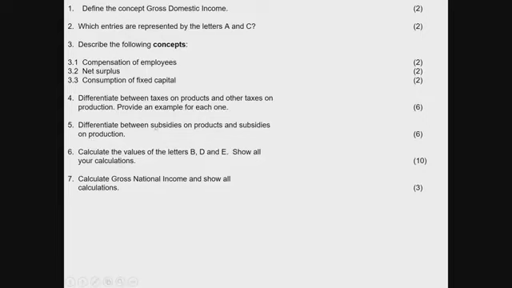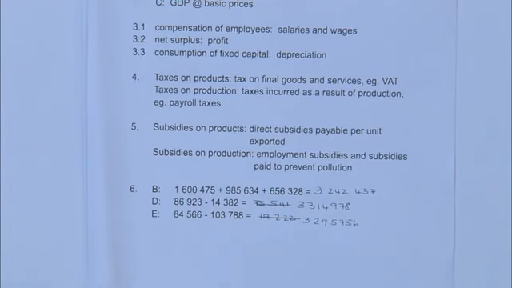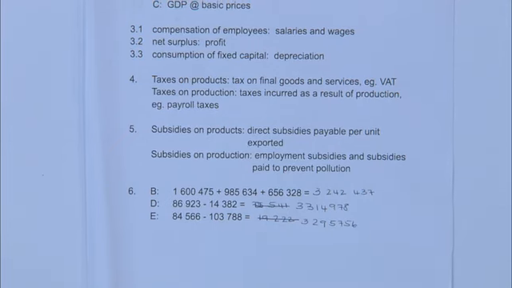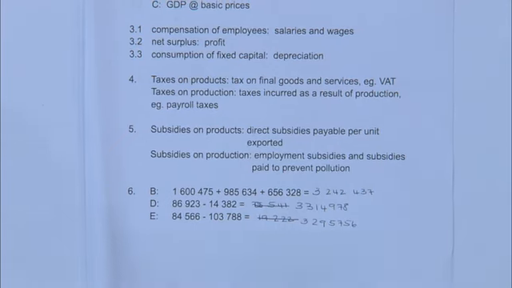So I simply just have to give the difference between subsidies on products and subsidies on production, right? So your subsidies on products, once again, these are direct subsidies payable per unit exported, whereas your subsidies on production, these are employment subsidies and subsidies which are paid to prevent pollution.